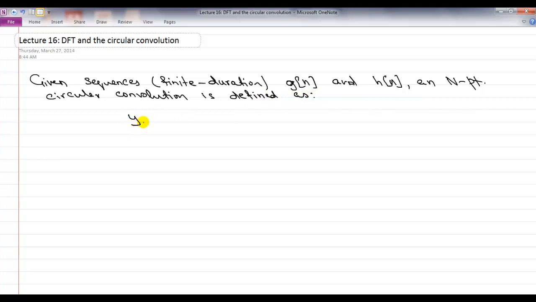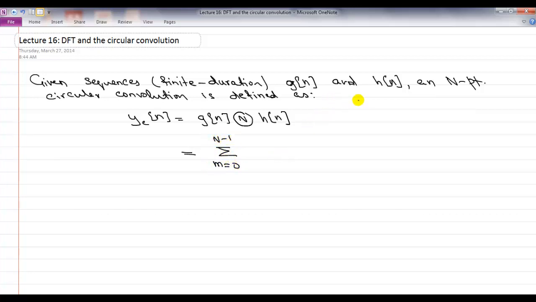Let's define the output to be Ycn. So we call Ycn is given by circular convolution of Gn and Hn, and this is given by summation for m equals 0 to n minus 1.